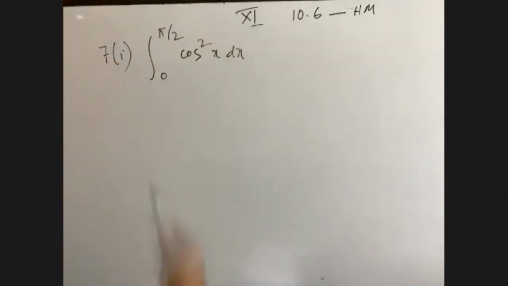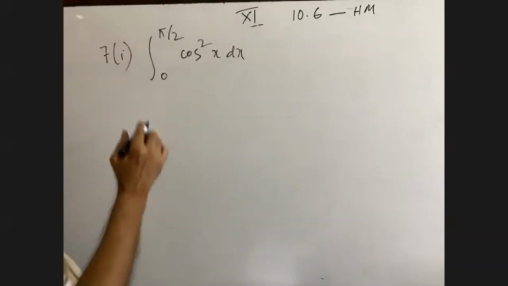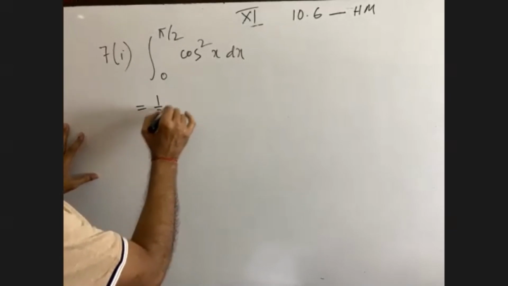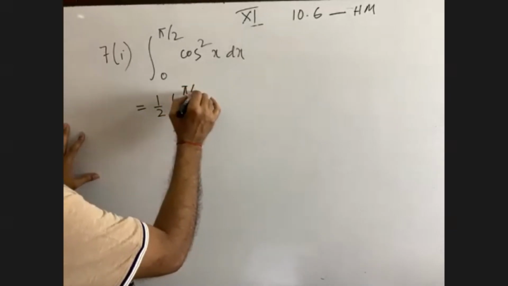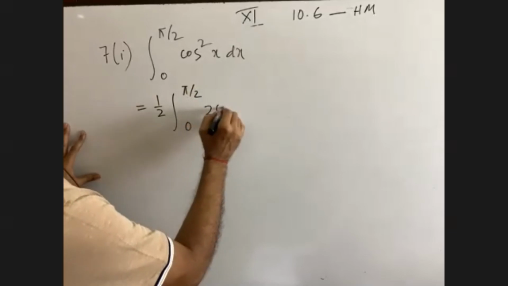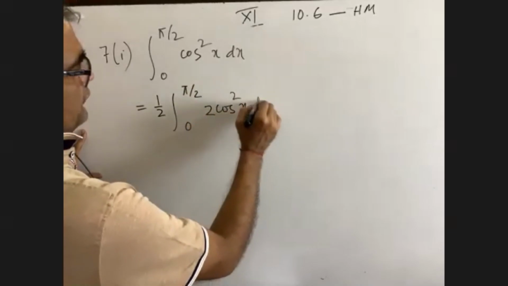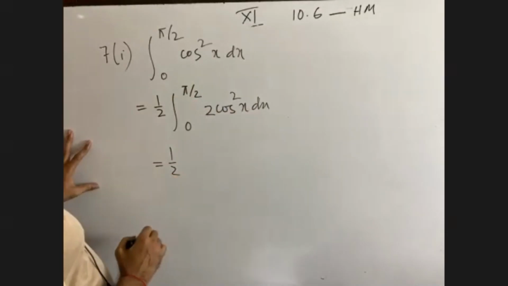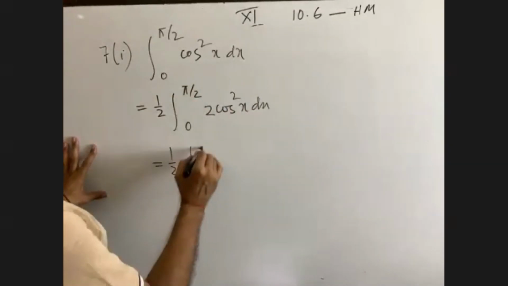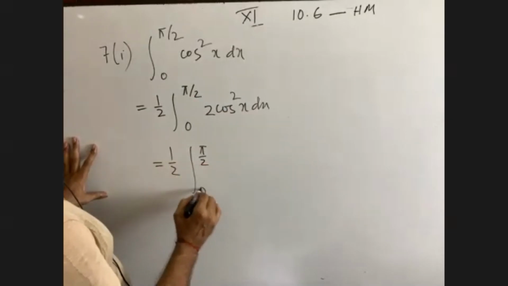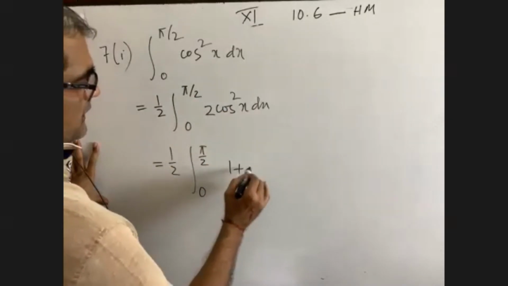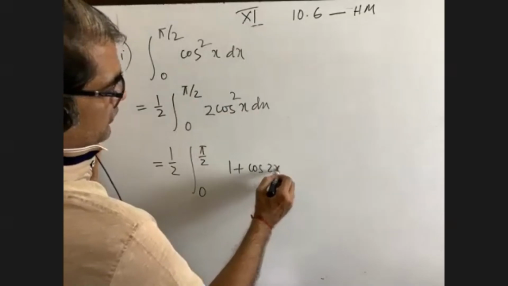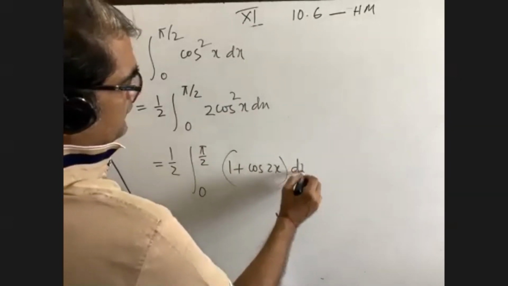What will you do? Talk to me. Half, right? 2 cos square x dx. Now what is the formula? Half the integral from 0 to pi by 2 of 1 plus cos 2x dx, right?